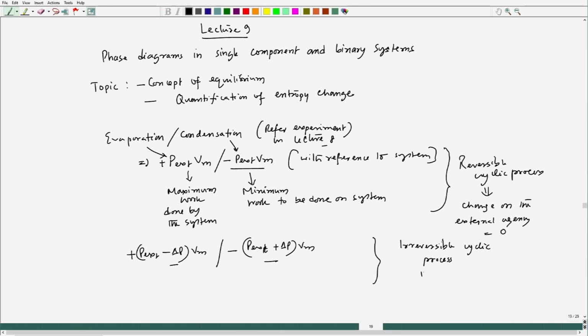So, in this process, the change on the external agency is equal to 2 del P Vm. So, that is what we have understood from lecture 8.